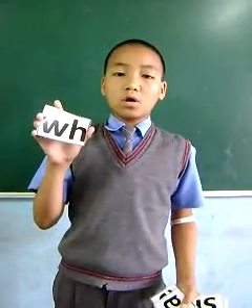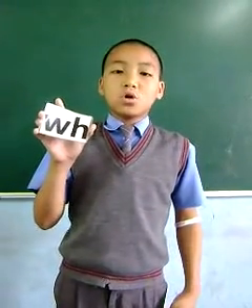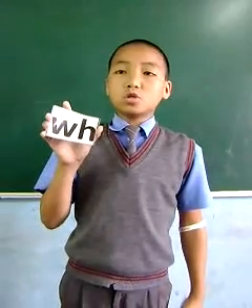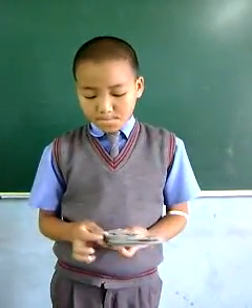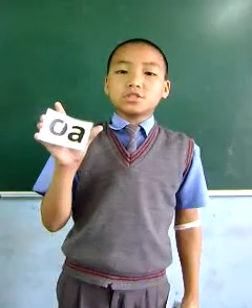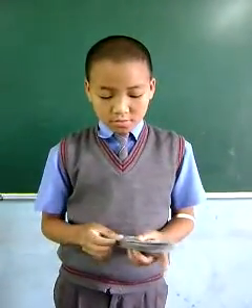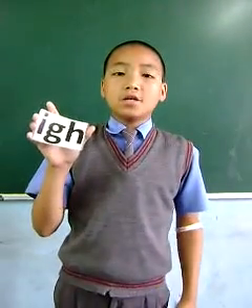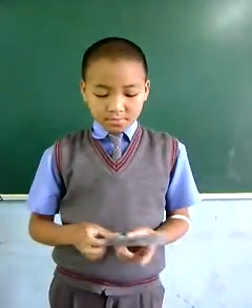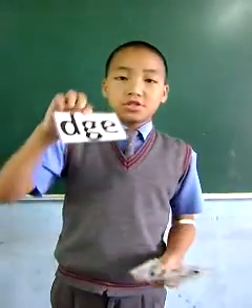Wo. This is wo, which is most body to eat. O. This is O of boat. I. Three letter I. J. Three letter J.